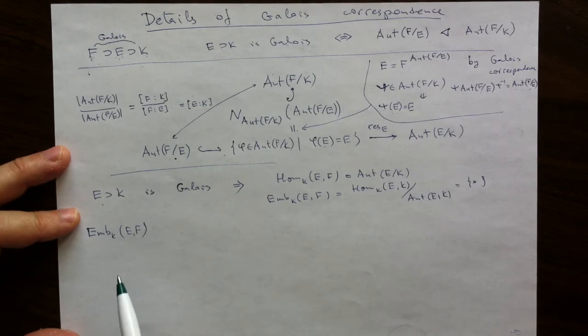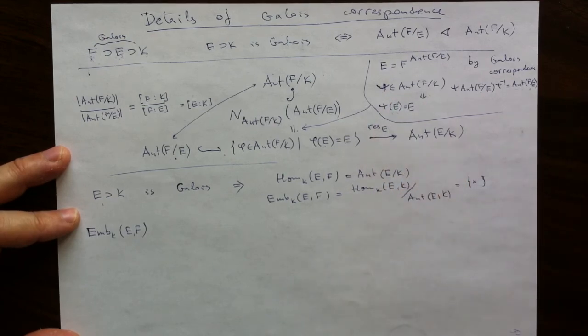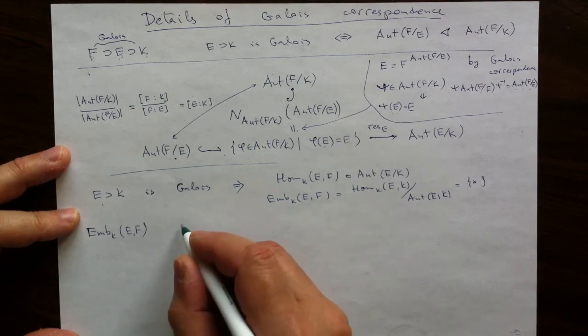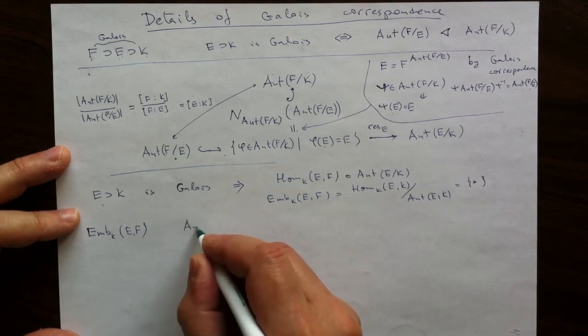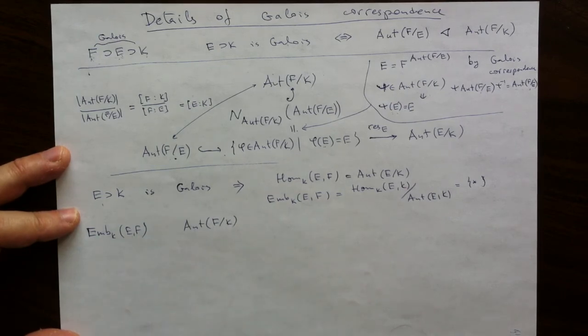So on the set of embeddings, we have another action. We have the action of the symmetry group of F. Taking a symmetry and applying it to a subfield will give us an isomorphic to E subfield. So we have an action of the automorphism group of F over K on this.